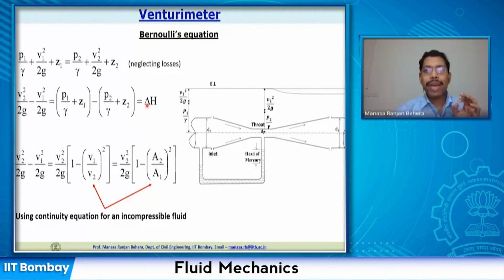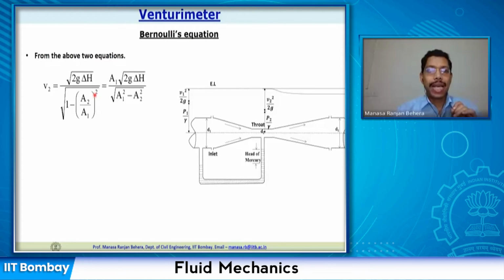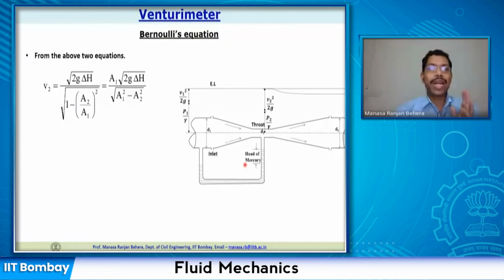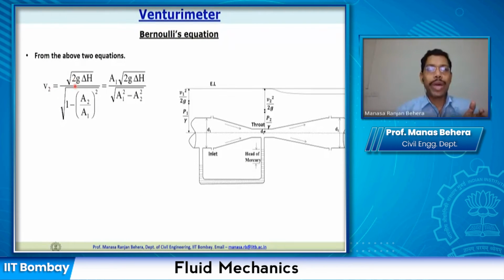So now if I write that, I can rephrase the whole thing for calculating V2. If you see in the previous slide, here you have only one unknown, that is V2, and A2 is known, A1 is known, delta H is going to be measured, so everything else is known. So from there we can write V2 equals square root of 2g delta H. This delta H is nothing but the head that is measured here.